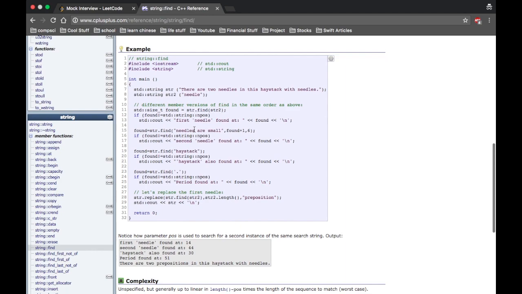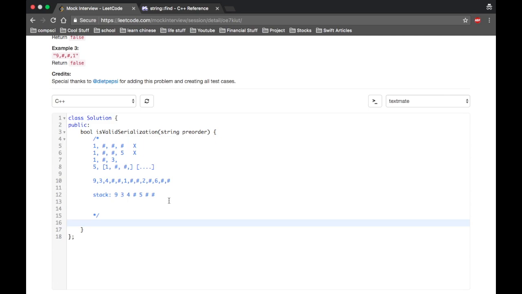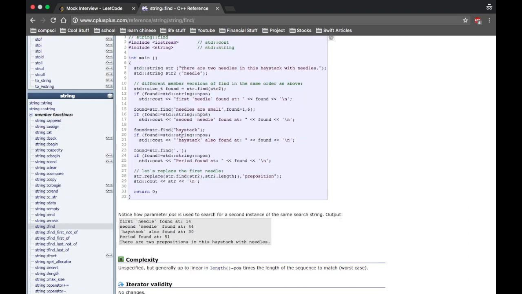Okay, so that's what I have to do. Found +1. Okay. And it stops.